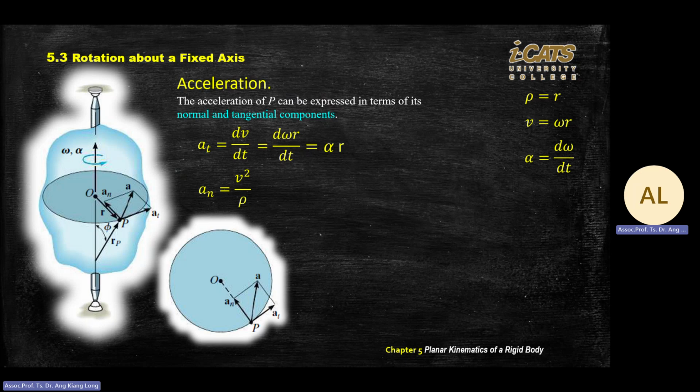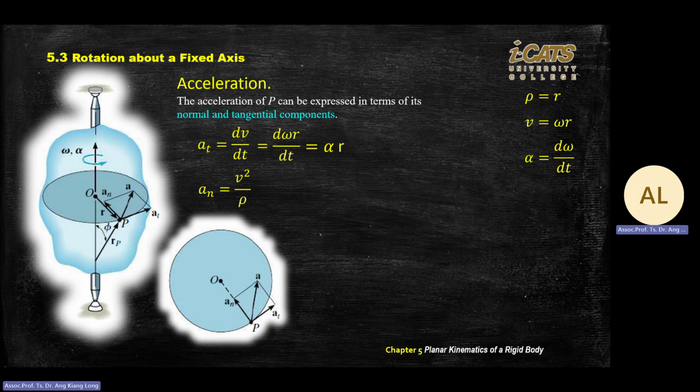So at, you just memorize. If we ask you to analyze acceleration in the tangent direction for a rigid body, you just memorize at equal to alpha r. v equal to omega r, you just change v to omega. If we ask acceleration, acceleration equal to alpha r.